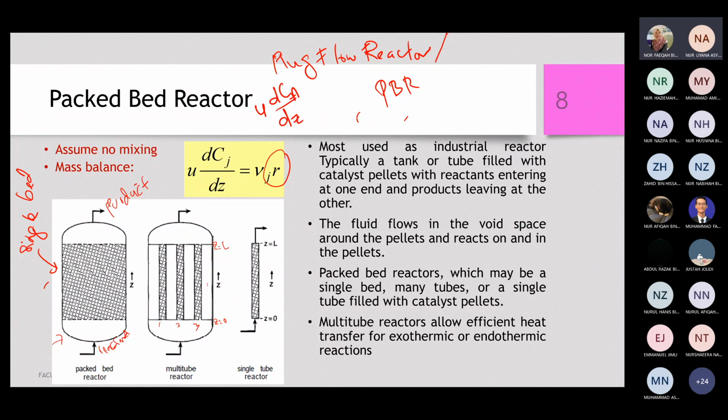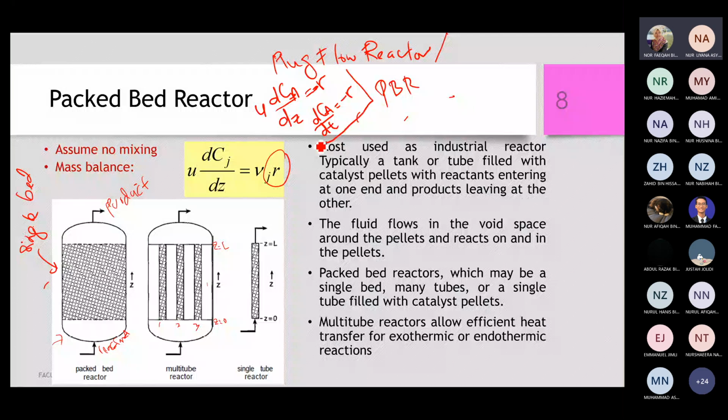If the reactant is concentration of A, only one reactant, so U dCA over dZ is equal to the rate of reaction. And then it's equal to negative r, we need the negative r. And it's equal to dCA over dt equal to negative r.